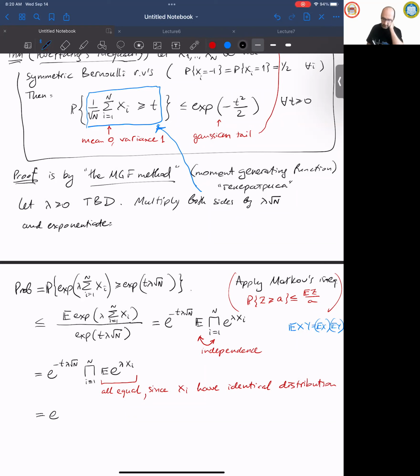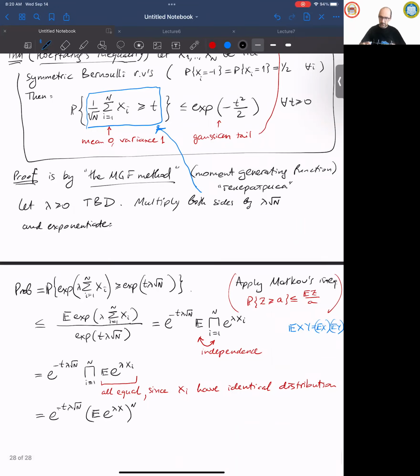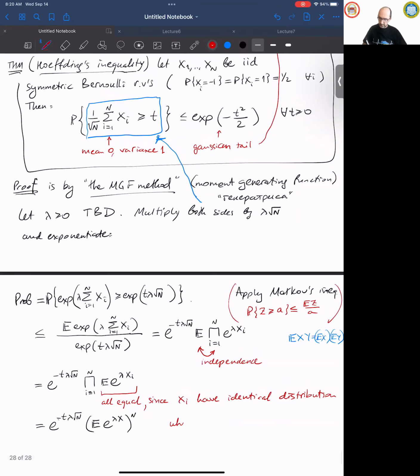Perfect. So we have the product of n terms that are the same. Let's just call it x. X is just one of them, I guess, to the power n. And what is x?